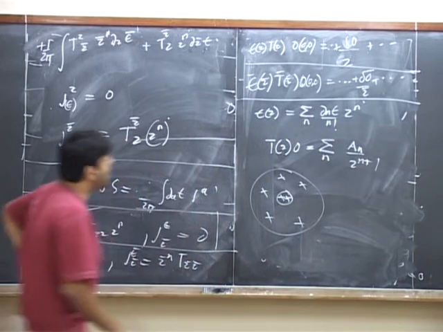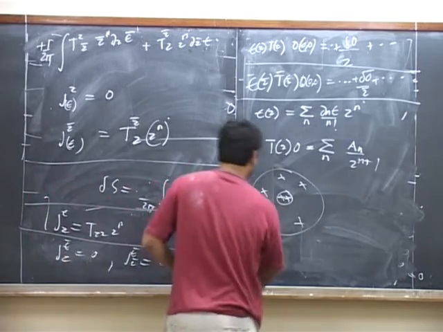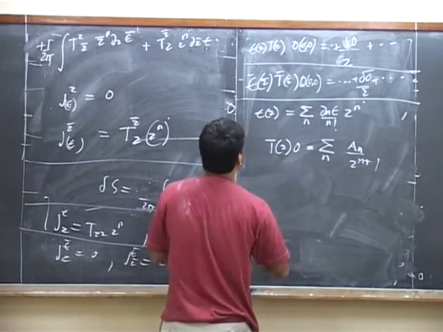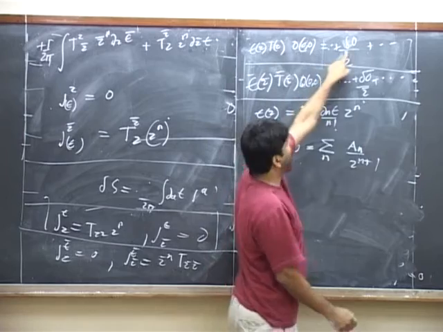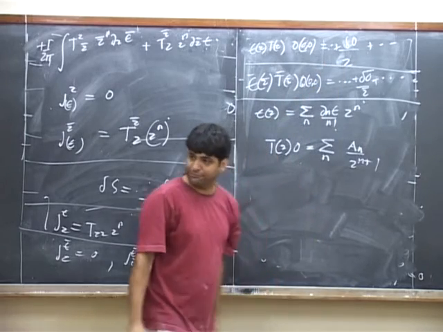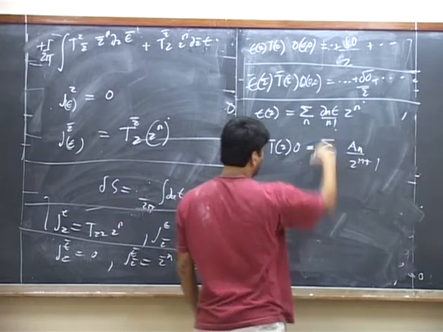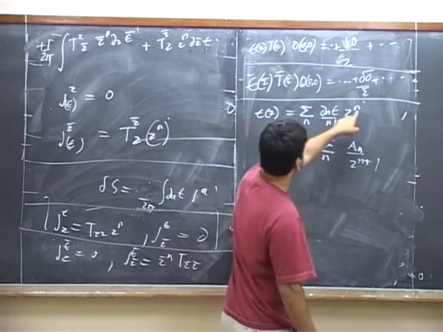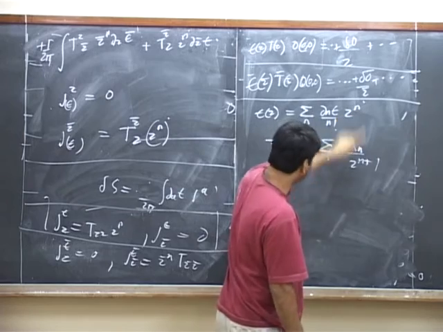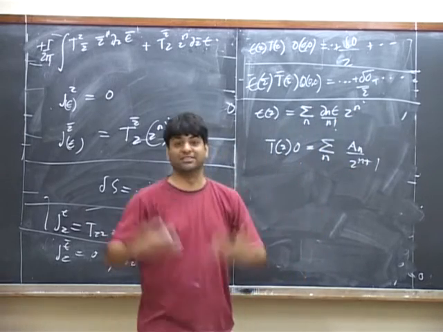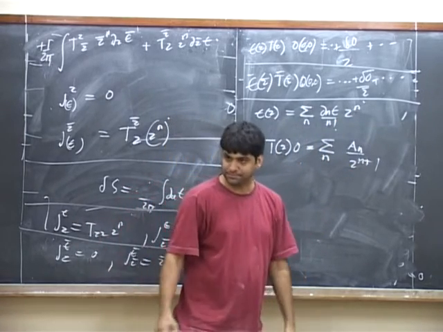Now, let's combine these two statements to see what we can find. What we want is the pole. The pole comes when this n is equal to that, because we want 1 over z left over.